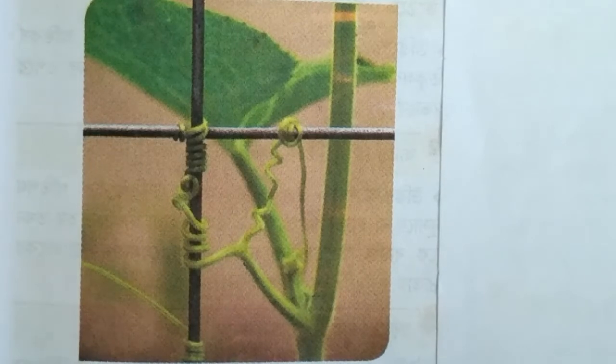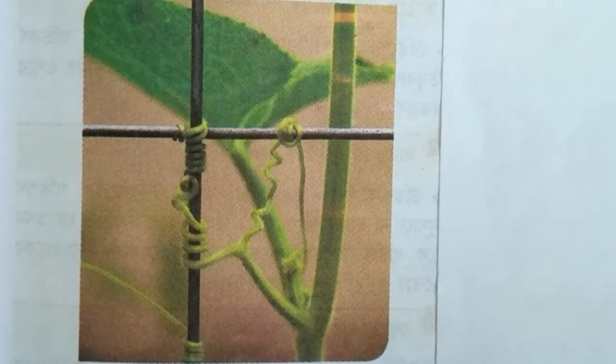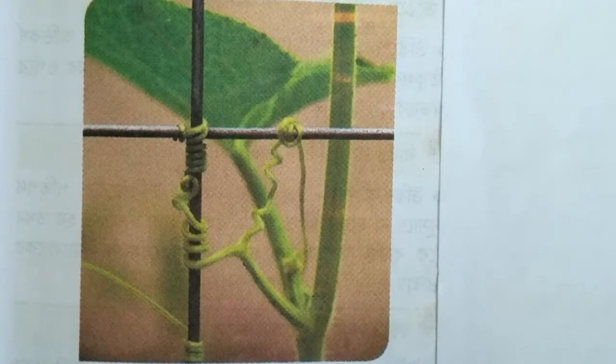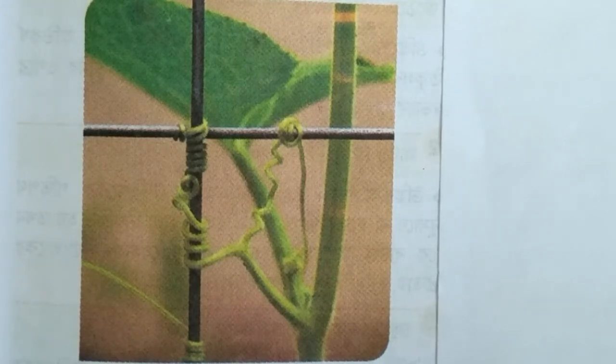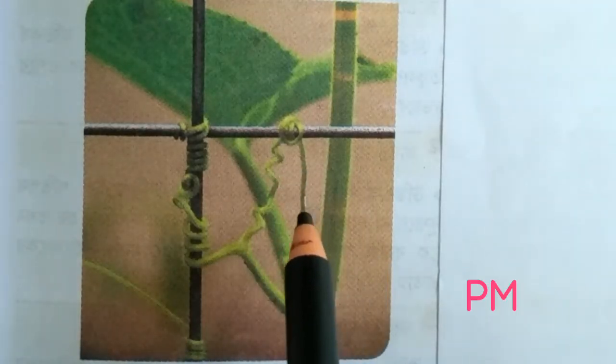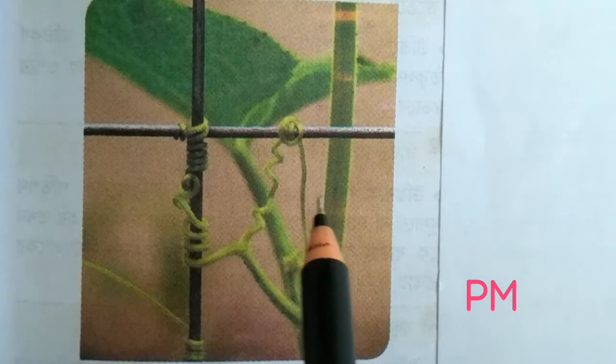In our day-to-day life, we all notice plants such as Cucurbita maxima or butterfly pea, commonly known as Aparajita, rapidly grow with support, and these grow in the direction of objects. This type of movement is performed due to growth. This is a supporting object and this is the plant named Cucurbita maxima.